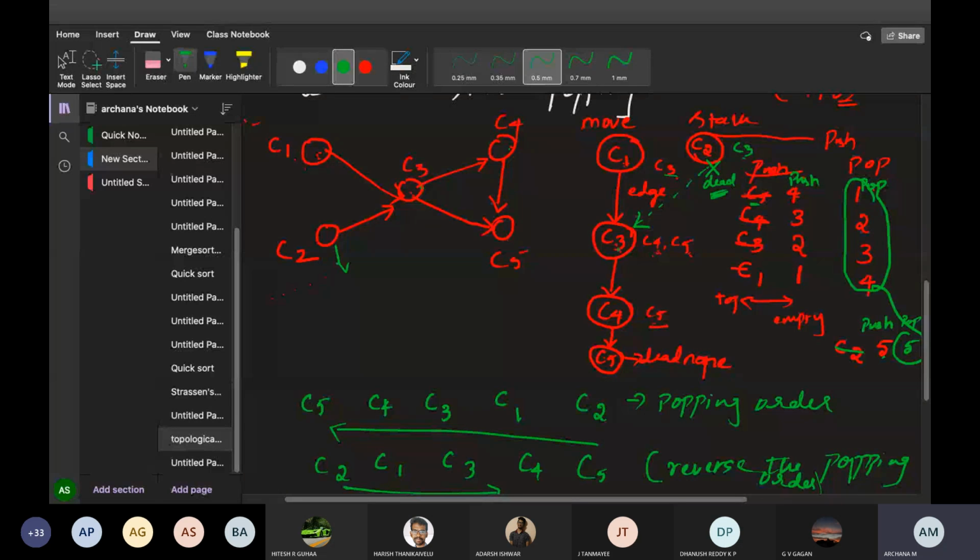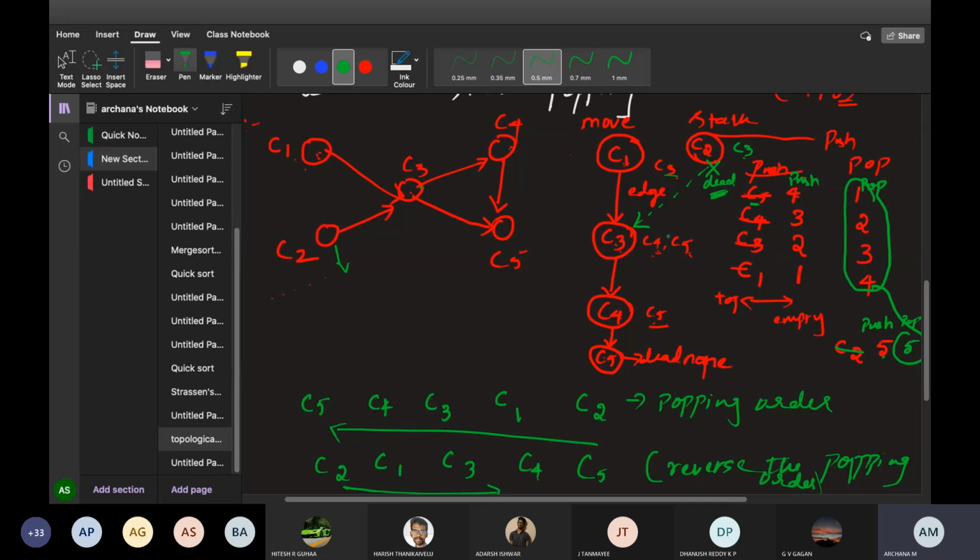Then see the next adjacent node. Travel all the adjacent nodes. Once you get the dead node, start popping. Go back, pop there, go back, and see whether any other adjacent nodes are there. If any other adjacent nodes are there, push. Again, pop. Like this, you have to do this.